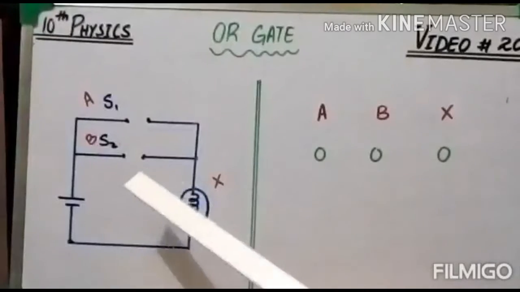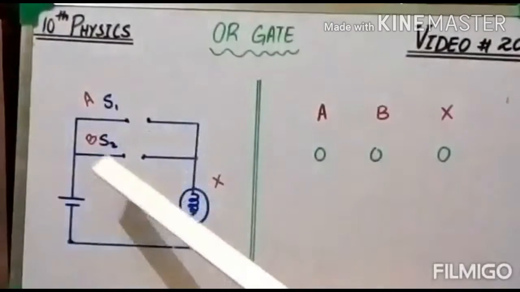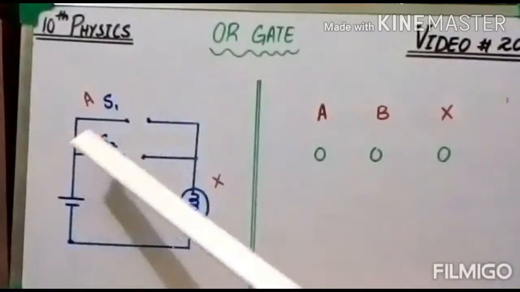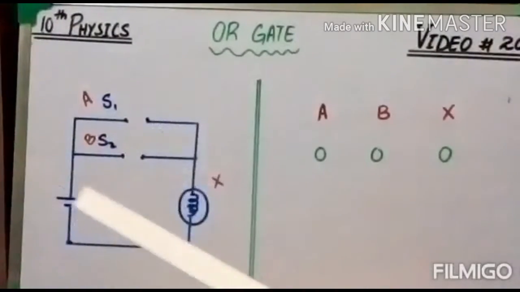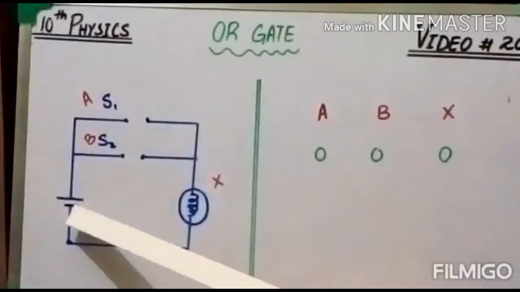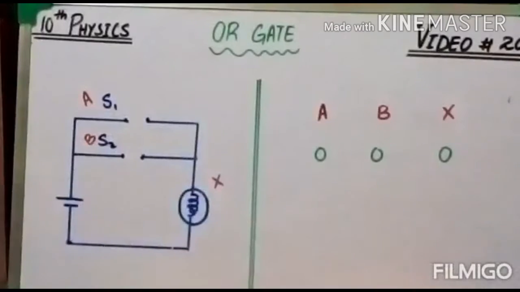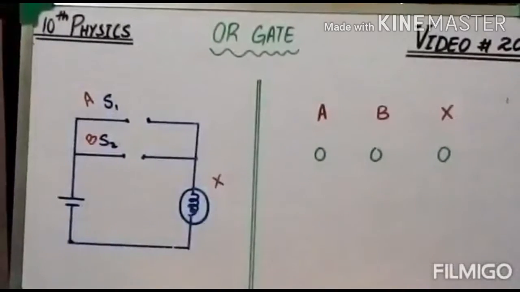Here this is a circuit of two input OR gate. These are basically two switches which are connected like this, as this switch S1 is connected directly to the battery and switch S2 is also connected directly to the battery. You can say that the switch S1 and S2 are parallel to each other.